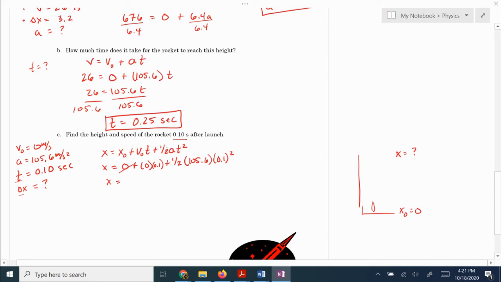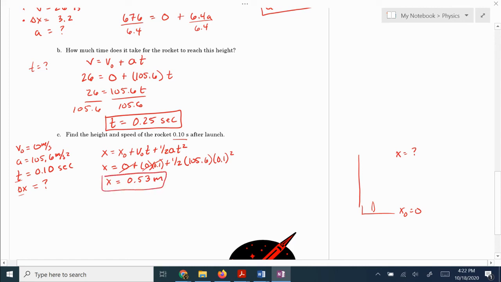Okay, there we go. It doesn't really matter, 0 times 0.1 is 0. So you're just left with this side, 1/2 times 105.6 times 0.1 squared. That's going to give you 0.53 meters as your answer.